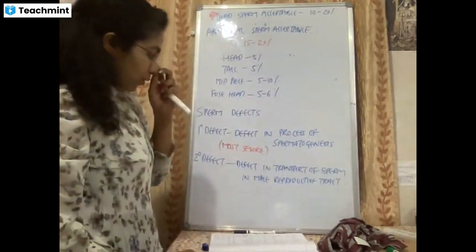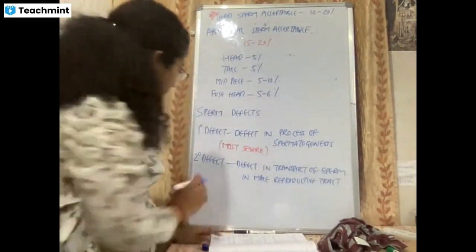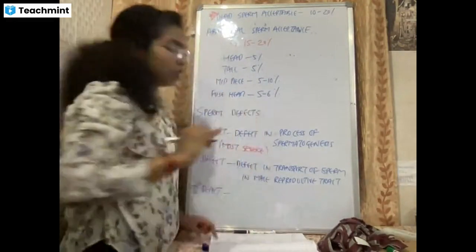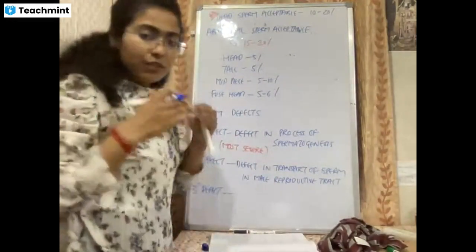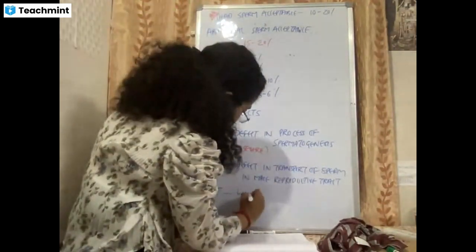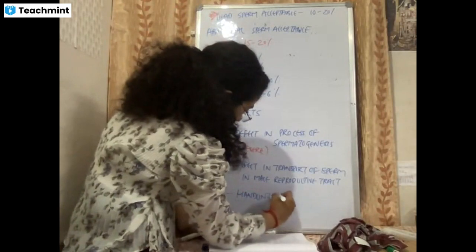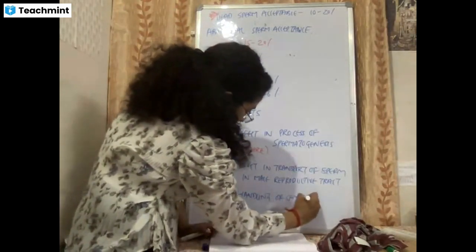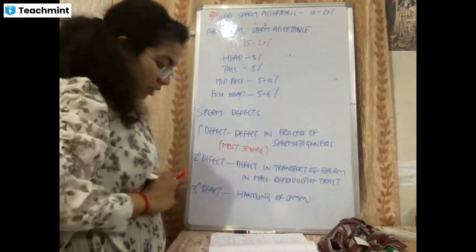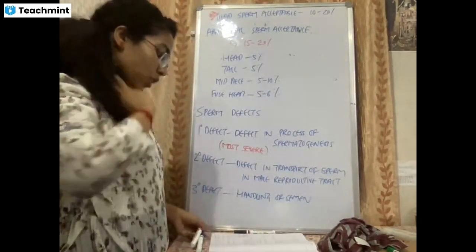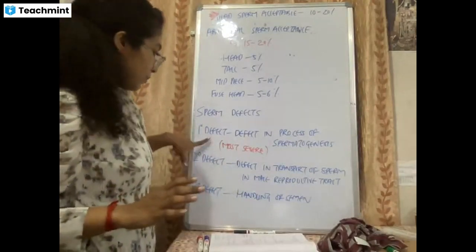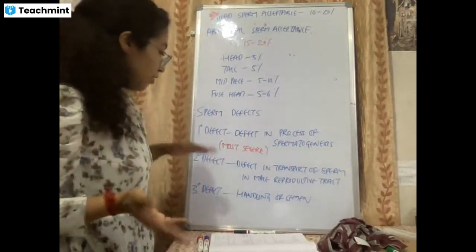Now I have tertiary defect. This tertiary defect occurs when we do the handling of the semen. So the defect which comes during the handling of semen is known as the tertiary defect. Firstly, you have to remember what are primary, secondary, and tertiary defects.